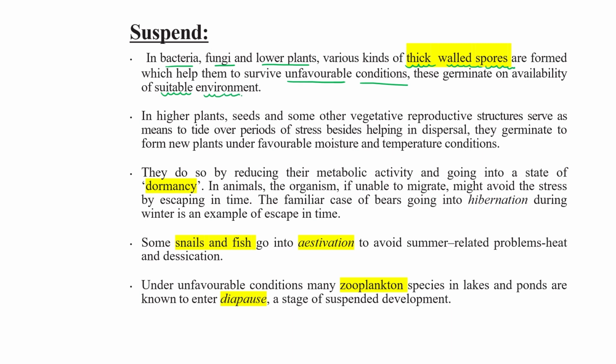So they suspend their life processes. How? They form a thick-walled spore to survive in unfavorable conditions. As favorable conditions come, they very quickly start germinating. So this is the adaptation for bacteria, fungi and lower plants.